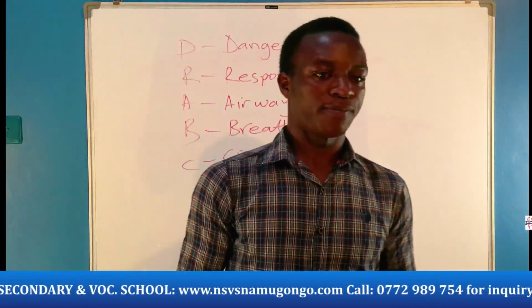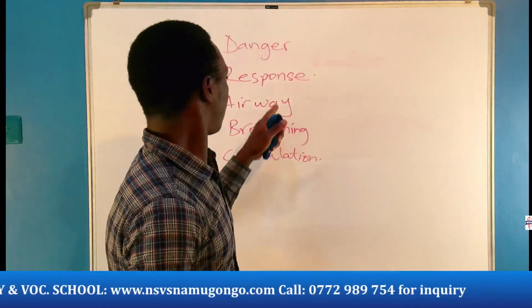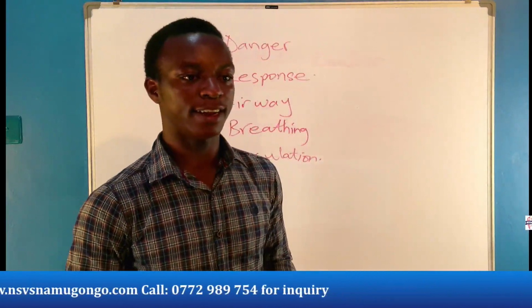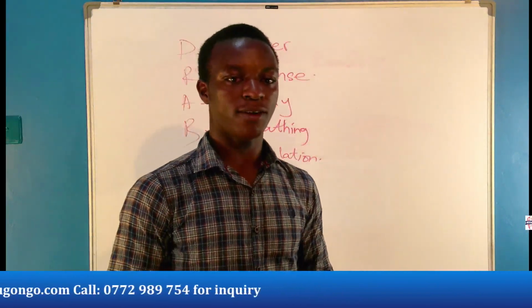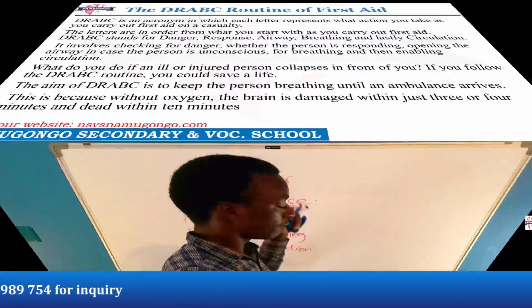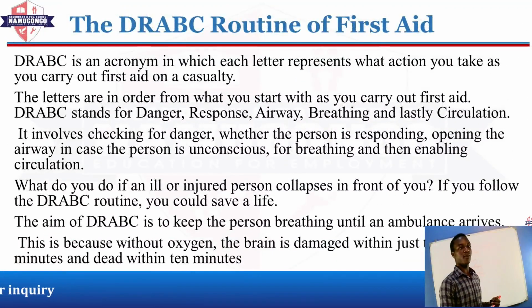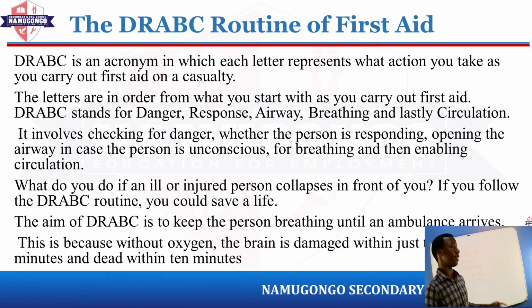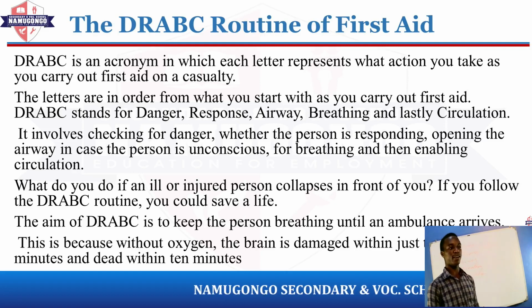Okay, so these are the representations of the different letters in the DRABC routine. It involves checking for danger, first of all, whether the person is responding, opening the airway in case the person is unconscious, checking for breathing, and then enabling saturation.